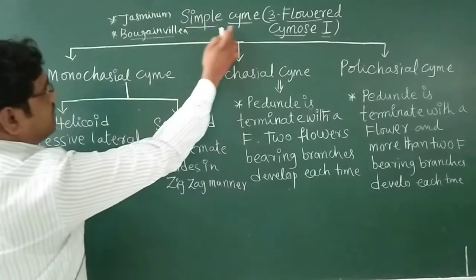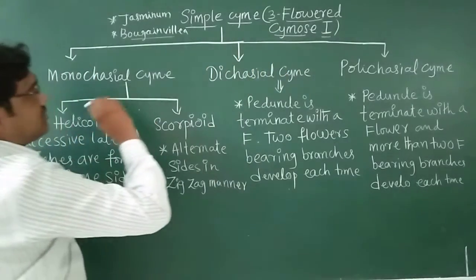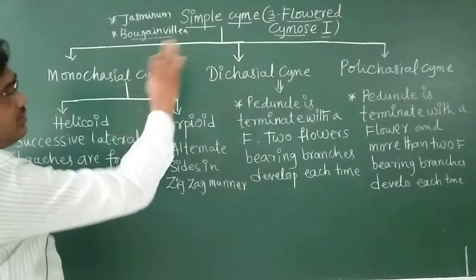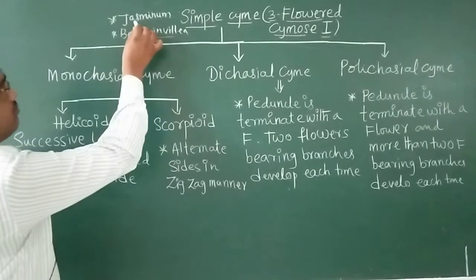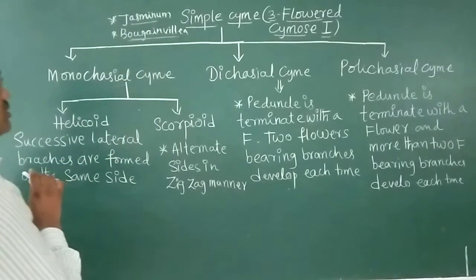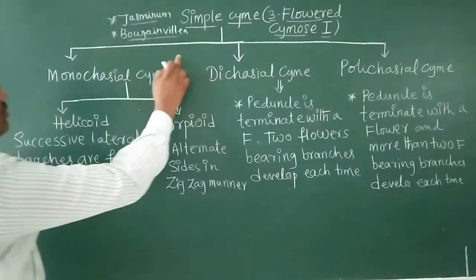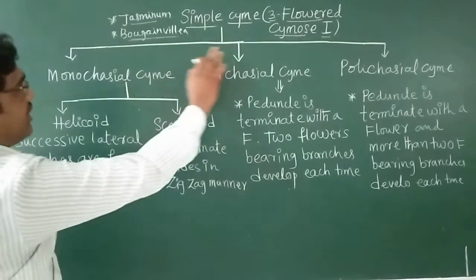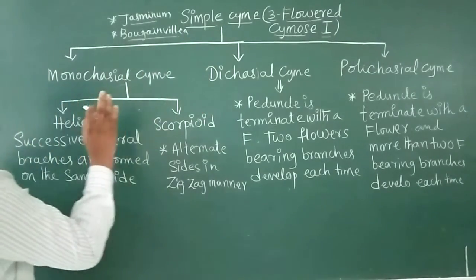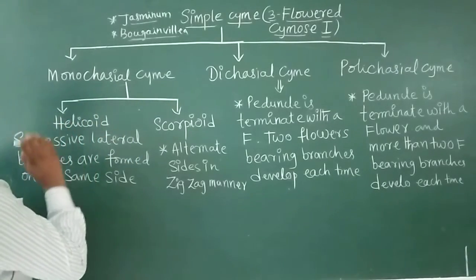In a simple cyme, a three-flowered cymose inflorescence, three flowers are there. Example, jasminum, bougainvillea.